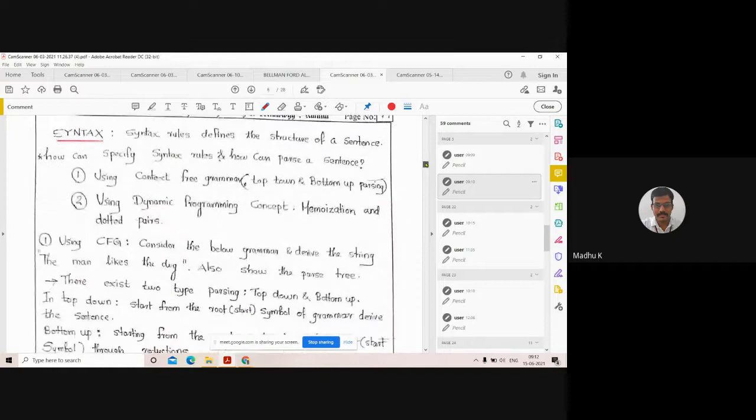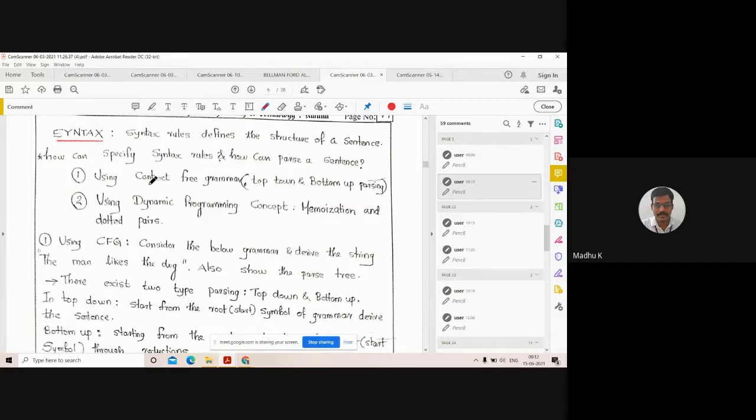Another is syntax. What is syntax? We can represent the syntax rules, or define the structure, using two methods. One is using context-free grammar.